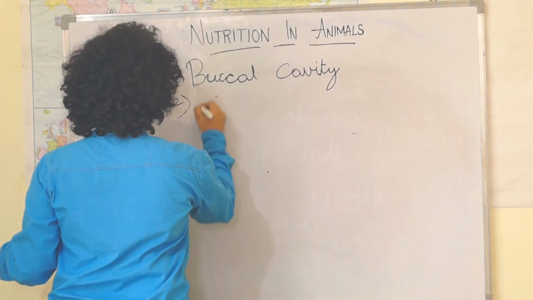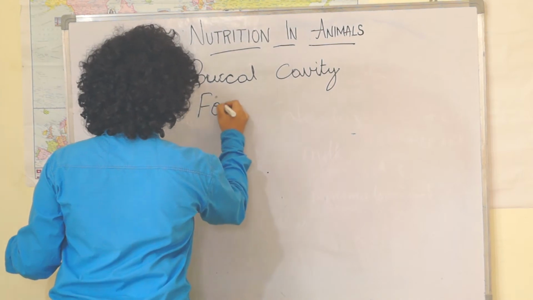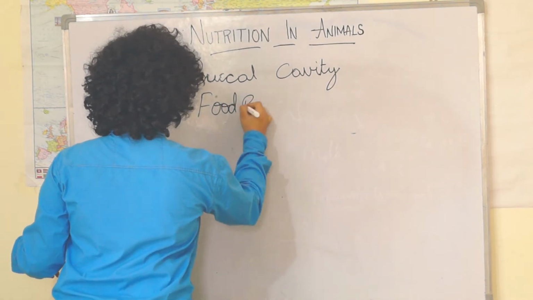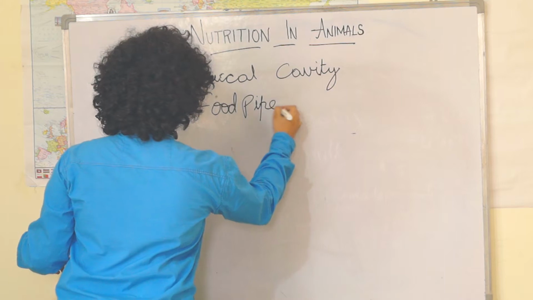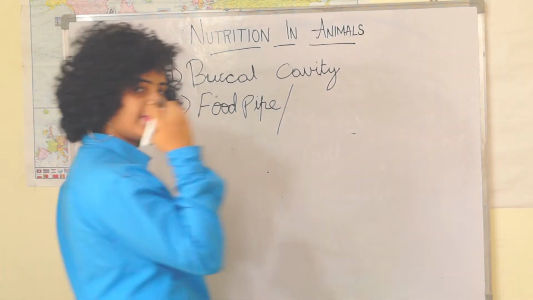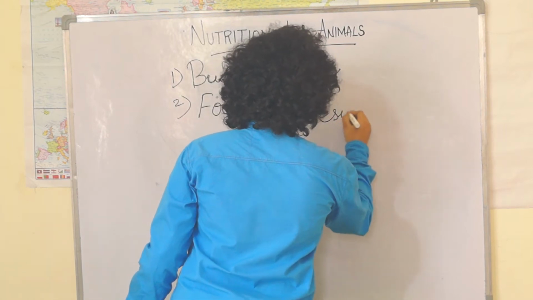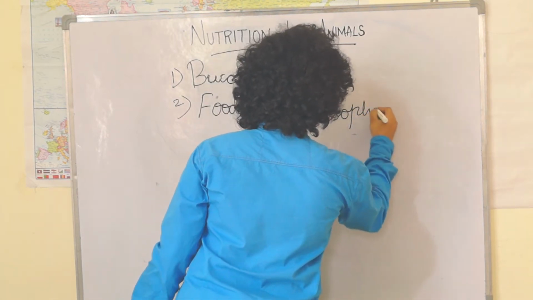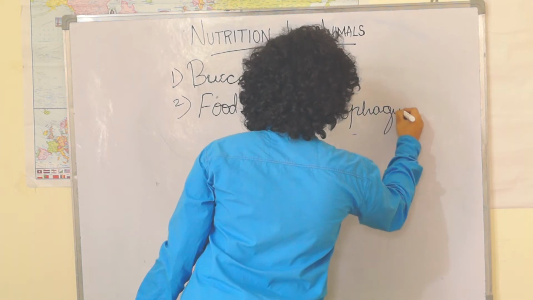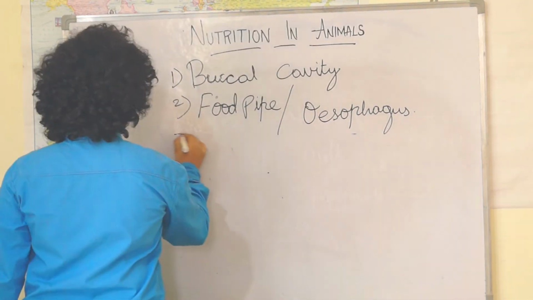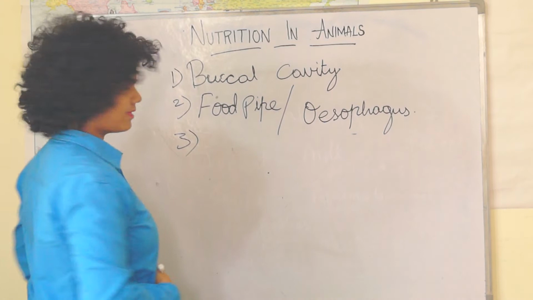The second one is the food pipe or the esophagus. We can also call it the esophagus. And the third one you have is the stomach.